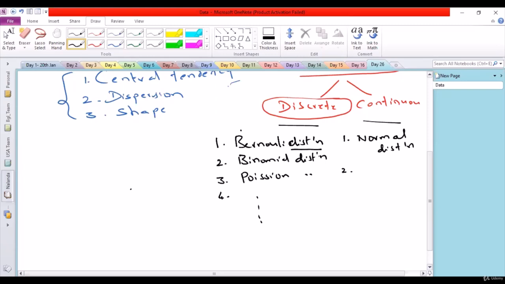Then uniform distribution. Then you have gamma distribution. Okay. There are exponential distribution. There are many. Again, here also there are many.